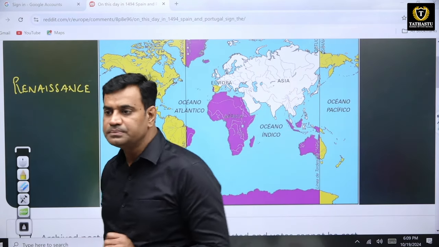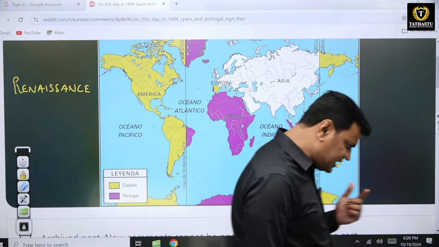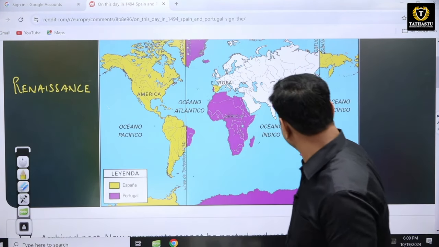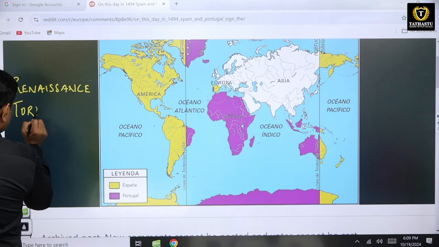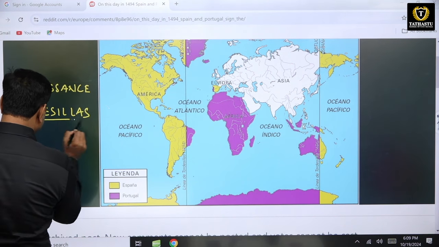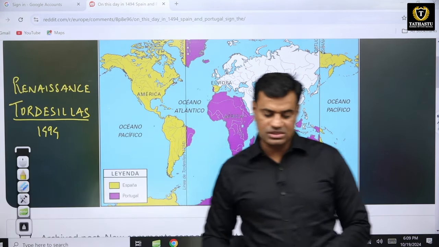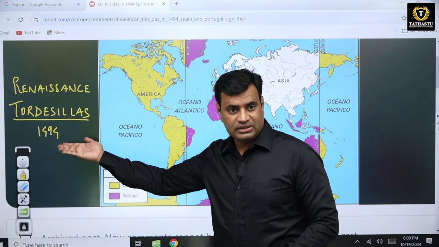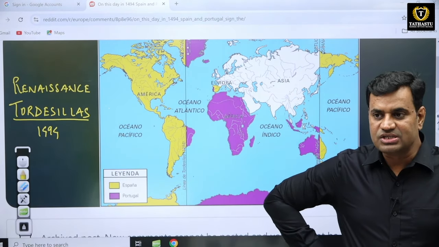And these countries concluded the Treaty of Tordesillas in 1494.